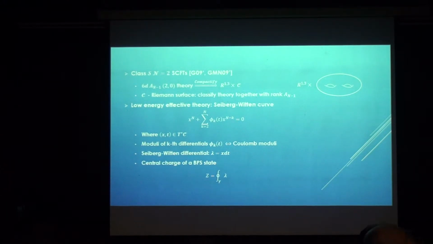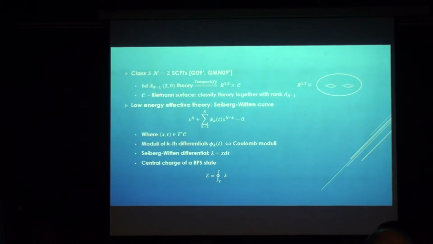As Masakazu mentioned in the morning, there is a large class of four-dimensional theories obtained by compactifying the 6D A_{N-1} (2,0) theory on a Riemann surface times R^{1,3}. In this case, the resulting four-dimensional theory has N equals 2 supersymmetry.